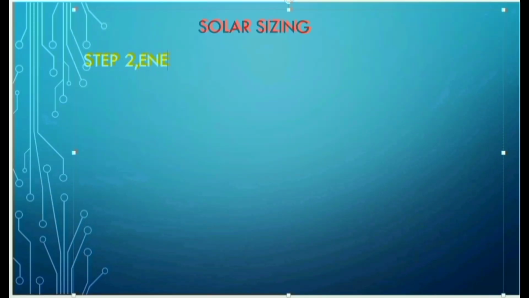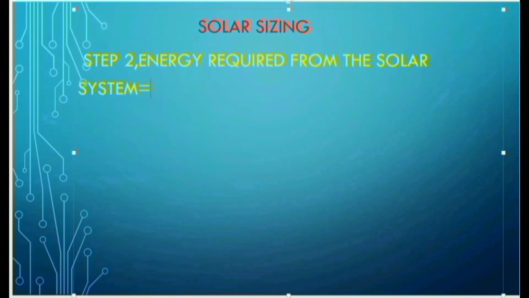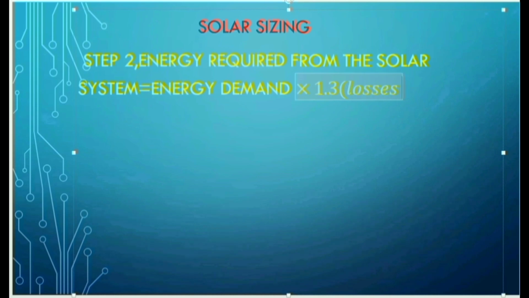Step 2, we look for the energy required from our solar system. Energy required from the solar system is given by energy demand times 1.3, that is losses factor, times 1.2, that is provision for connection of extra load.